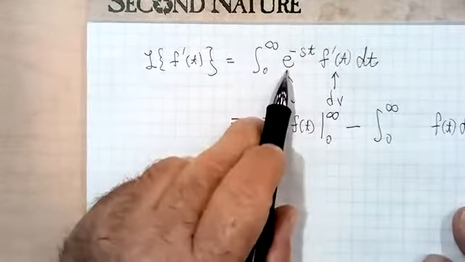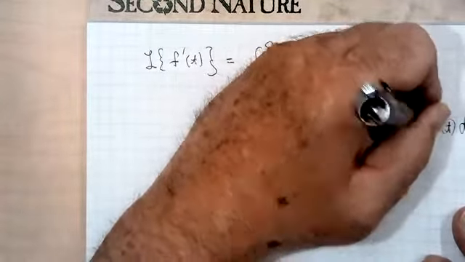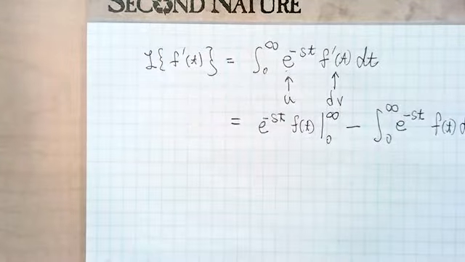Take the derivative of e to the minus st, you get e to the minus st back again, and then a chain rule factor of minus s.